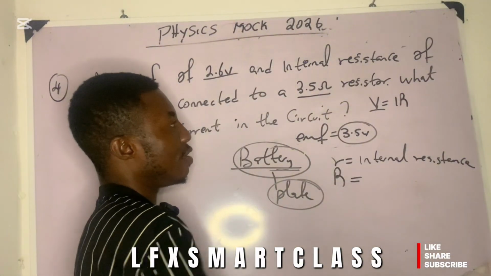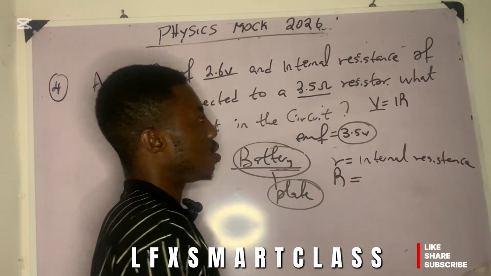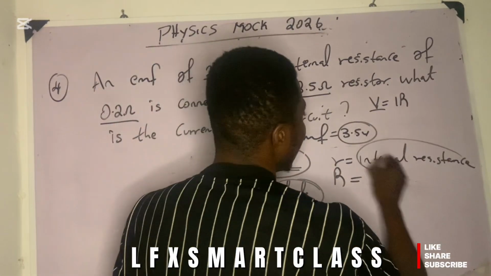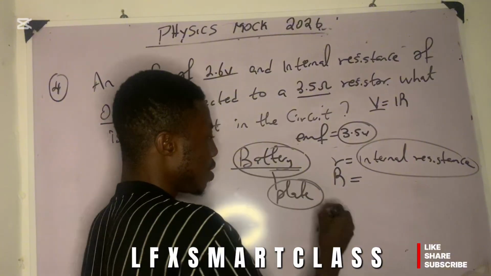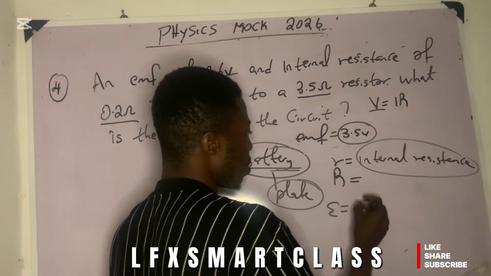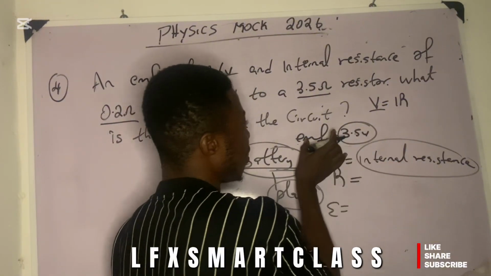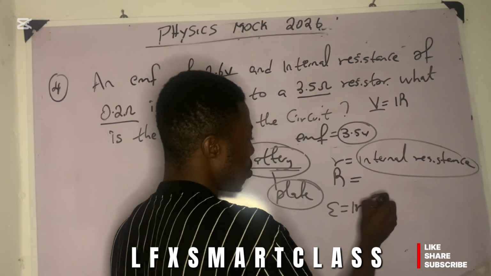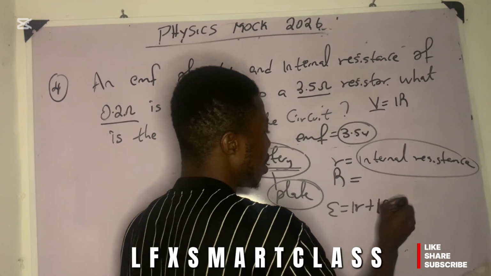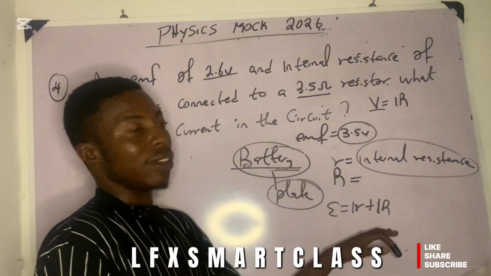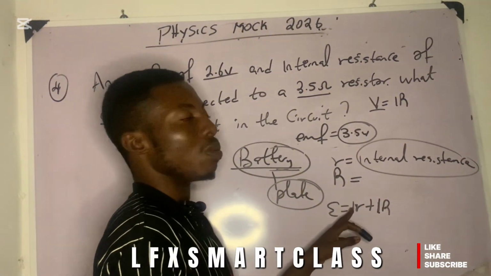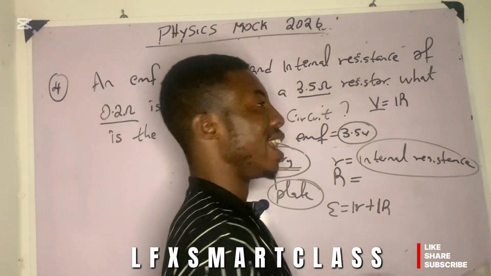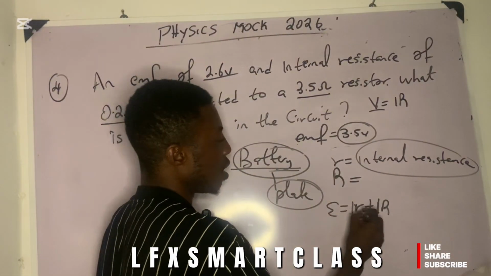Now we have that V is equal to IR, and the IR here is for internal and external. So E is equal to I small r plus I big R. What is common here?